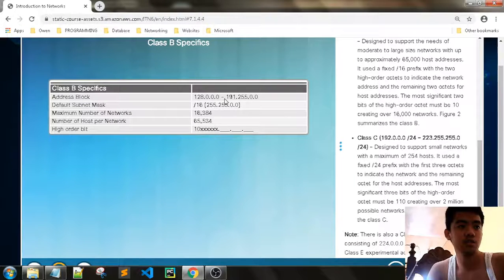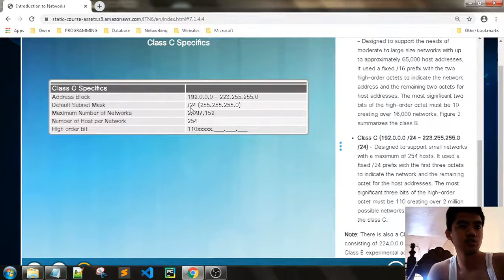For class B, the default subnet mask is /16, and the number of networks and hosts per network is extremely large. We also have class C, where the high-order bits are 110. The range is 192 to 223.